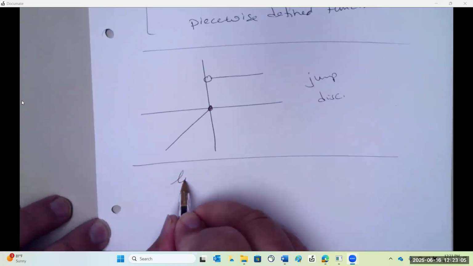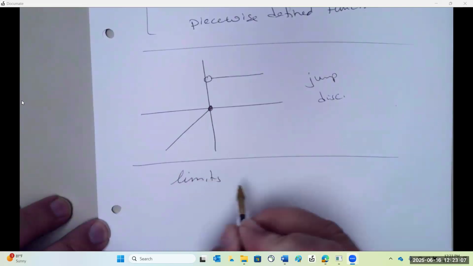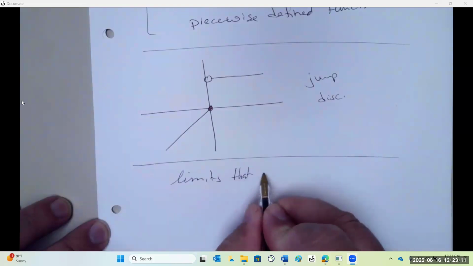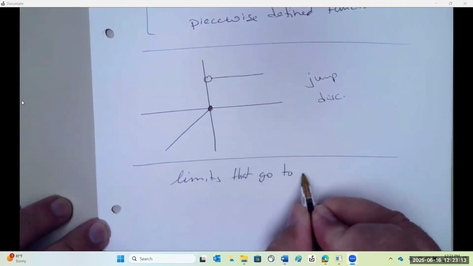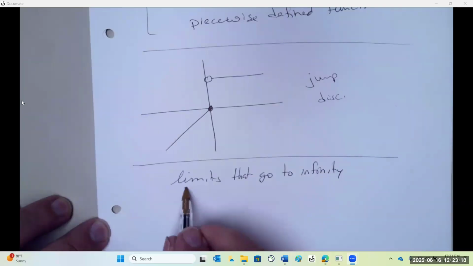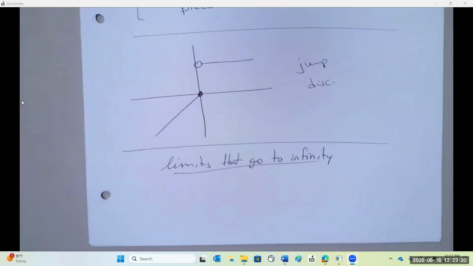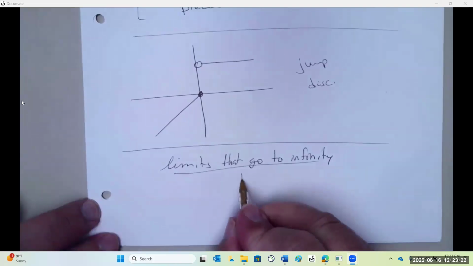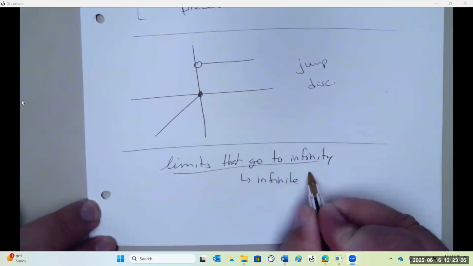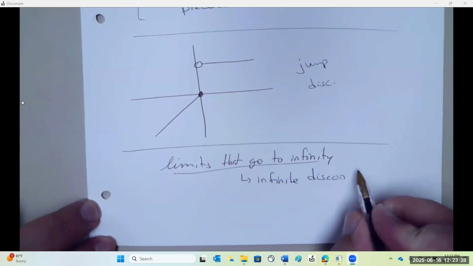How about limits that go to infinity, which we call infinite discontinuities?